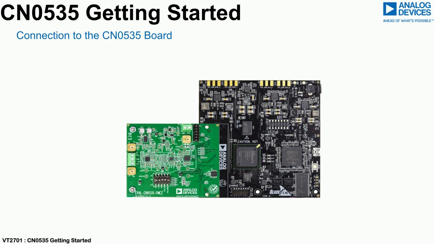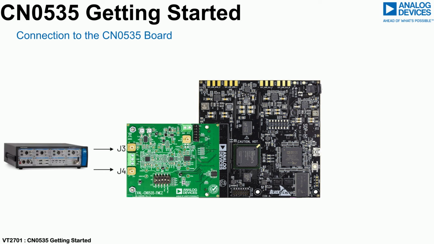Connect CN0535 evaluation board to the SDP-H1 using the FMC connector interface. Connect the sensor or signal source to the CN0535 input connectors J3 and J4. The P7 screw terminal block can also be used.